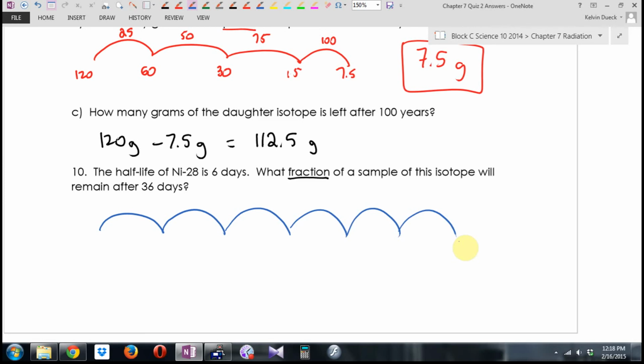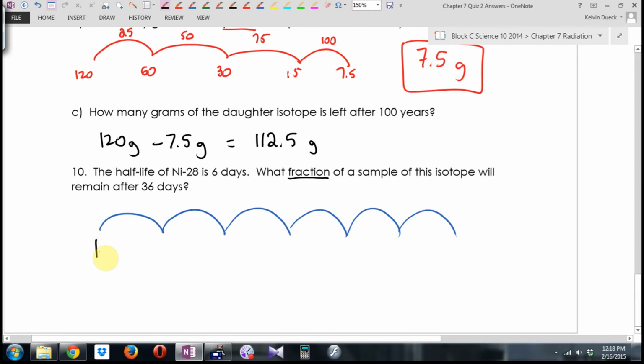If it was percent, I'd start with 100. If it's a fraction, I start with the decimal version of 100%. What's 100% as a decimal? Don't overcomplicate it, folks. 1. That's what I'm starting with.